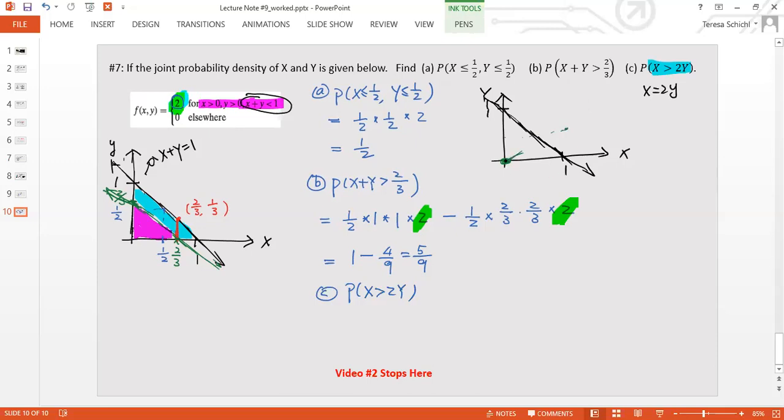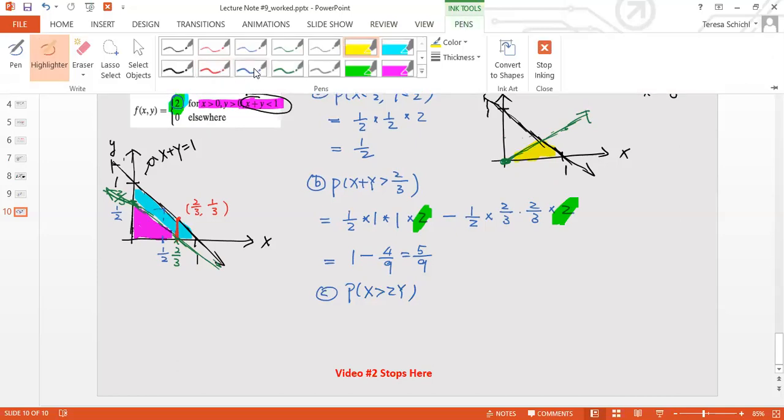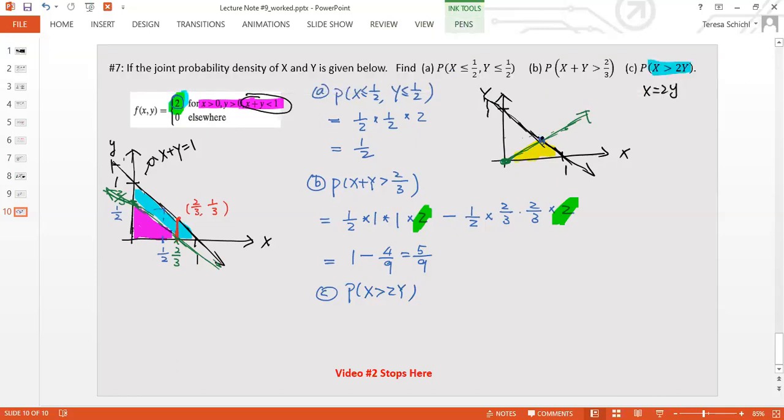Now you graph it. This is x minus 2y, and because it's less than, which area am I finding? I'm finding this yellow area. First you need to find where they intersect: x equal to 2y, solve with x plus y equal to 1.